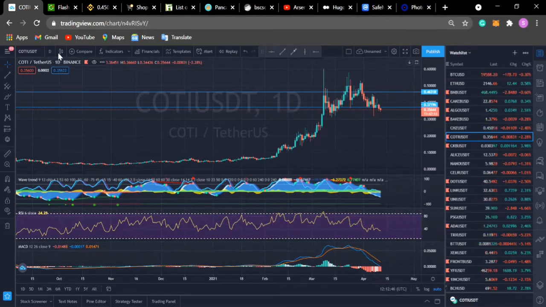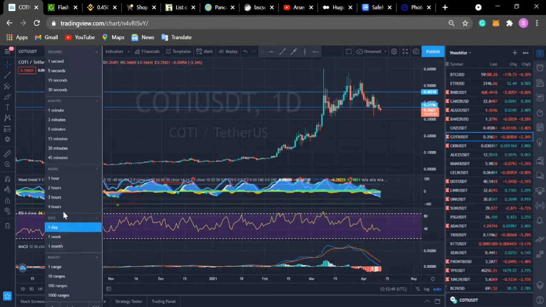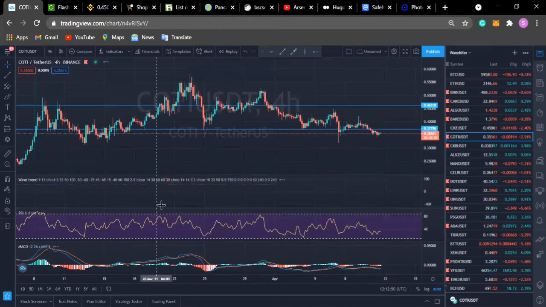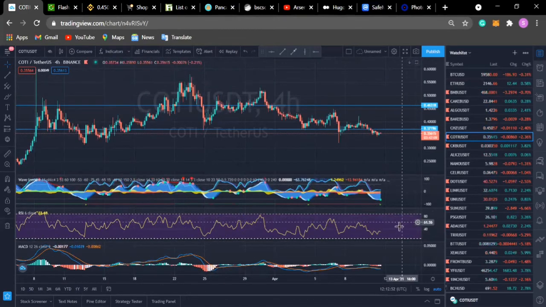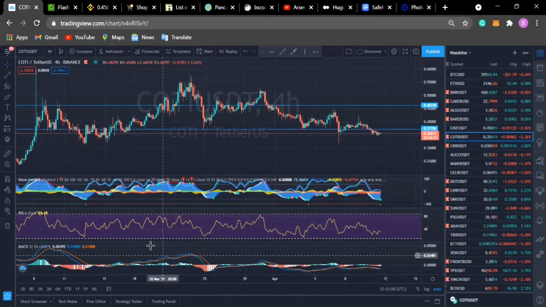When I come to 4 hours, everything on 4 hours is all set up. Look at the 4 hours, everything is all set up on the 4 hours time frame. Look at the green dot on the 4 hours. So might get a little bit of a buy, but I like the daily. Daily gives you a strong buy.